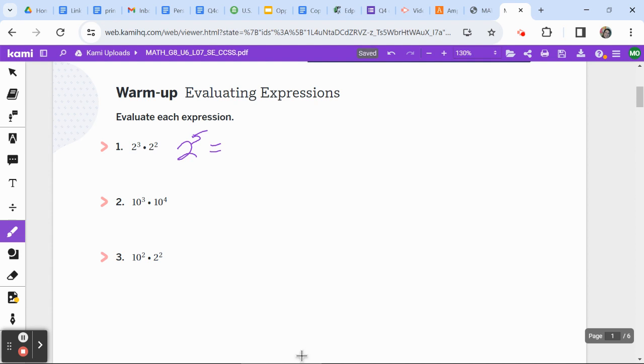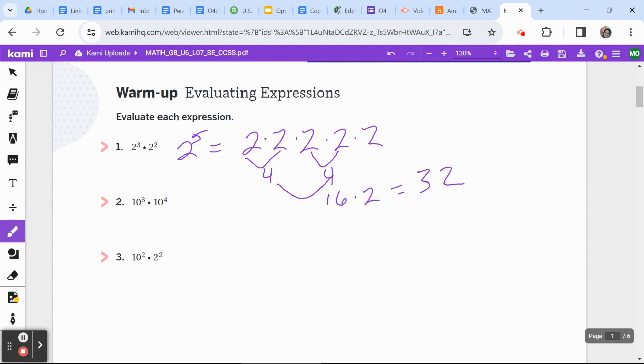Okay, so 2 times 2 times 2. This would be your expanded form. Well, that makes 4. This makes 4. That makes 16 times 2 is 32. So hopefully that, for those that are having problems with their exponents, that helps.